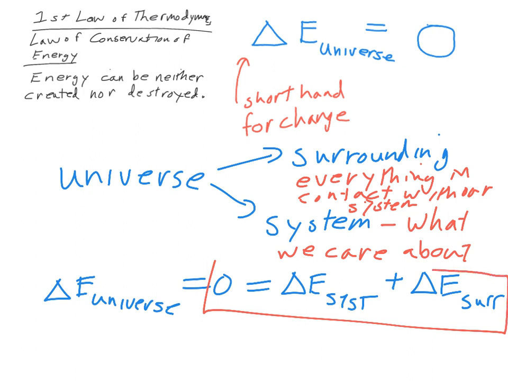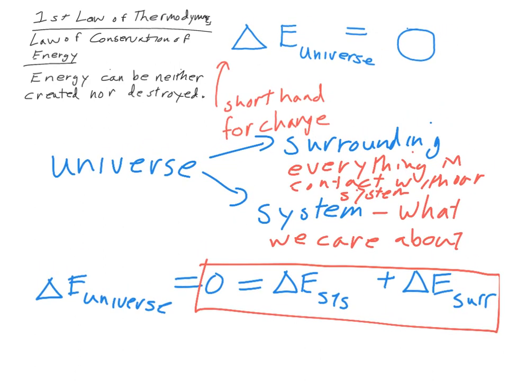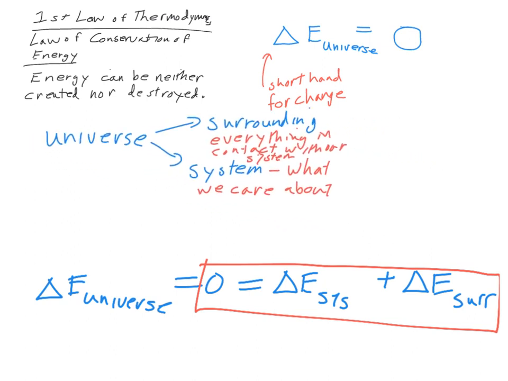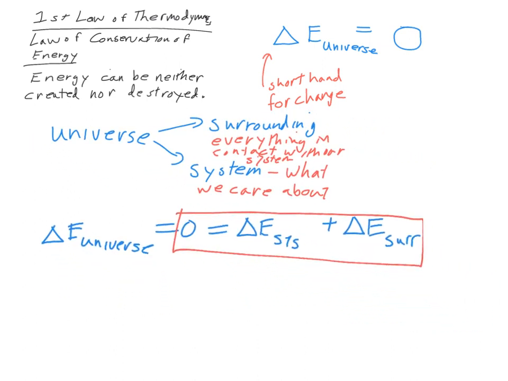In other words, the change in the energy of our system plus the change in the energy of our surroundings has to be equal to 0. At the risk of dragging absolute value signs into a perfectly good chemistry class, oh, I don't even need to do that. We'll just write it this way. The change in the energy of our system is equal in magnitude, but opposite in sign to the change in energy of our surroundings.